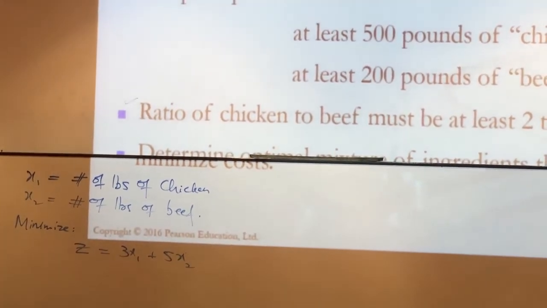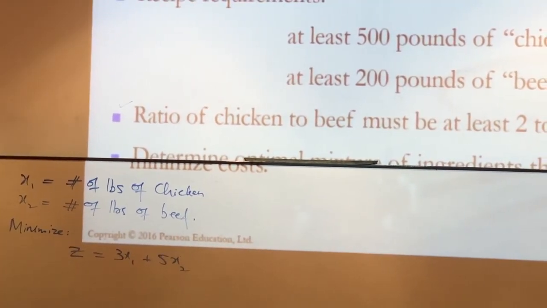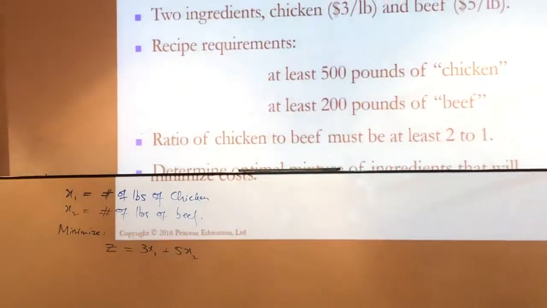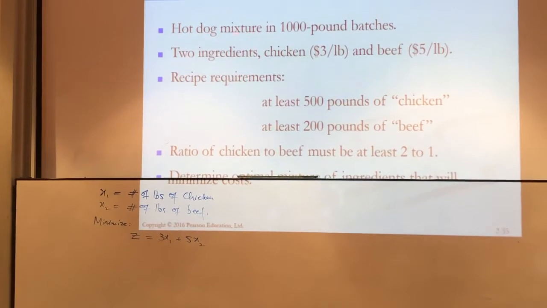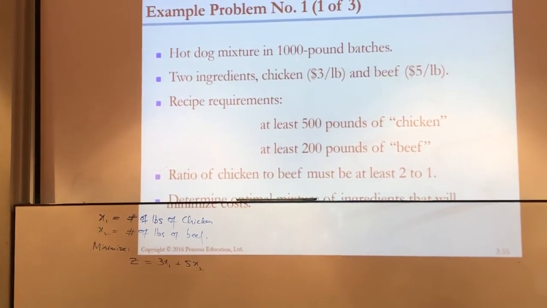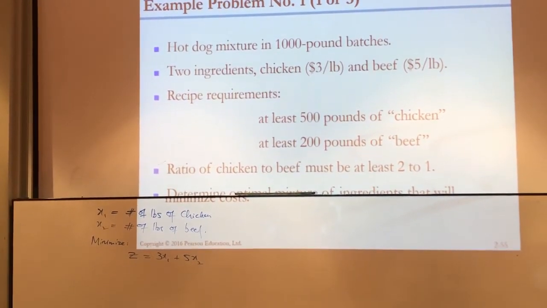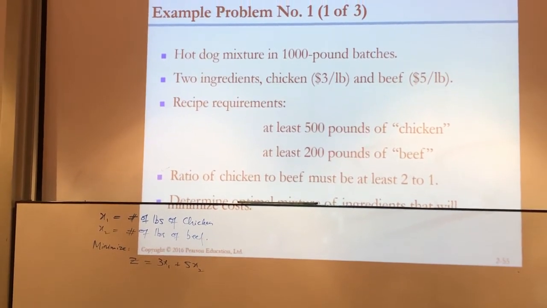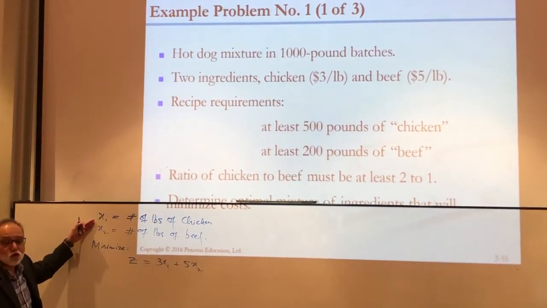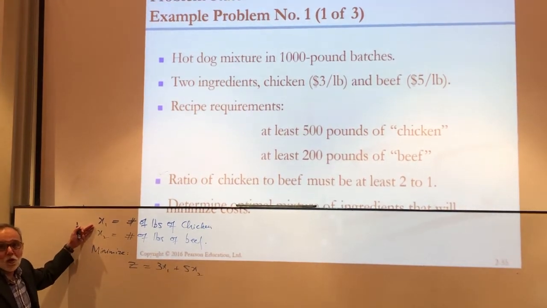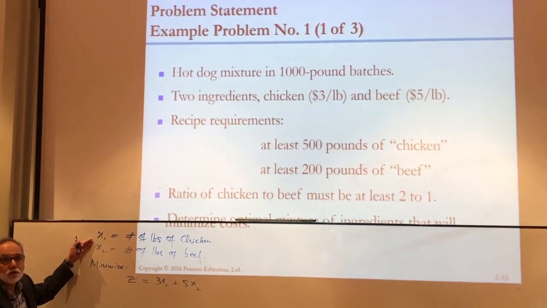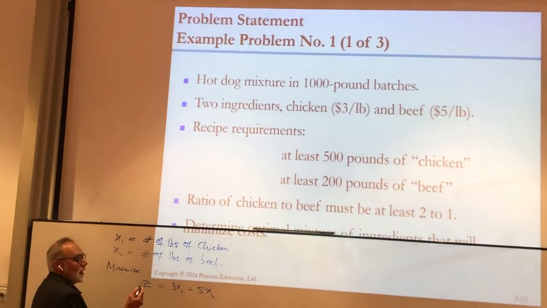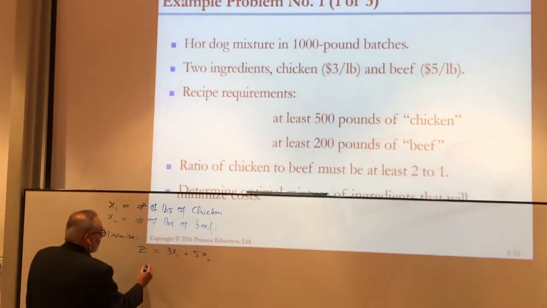Okay. Now the recipe requirements are, these are the constraints coming here. In fact, the first constraint is that hot dog mixture is in 1000 pound batches. So this means that x1 plus x2 should be exactly equal to 1000. Okay, so this is an equality constraint here.